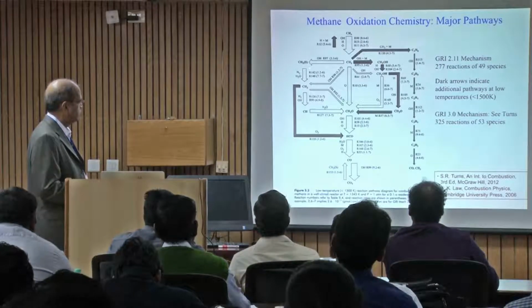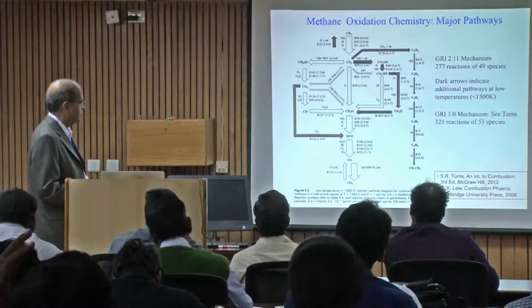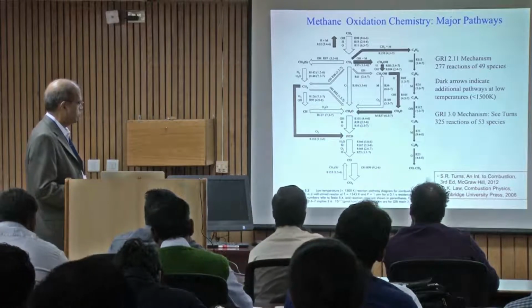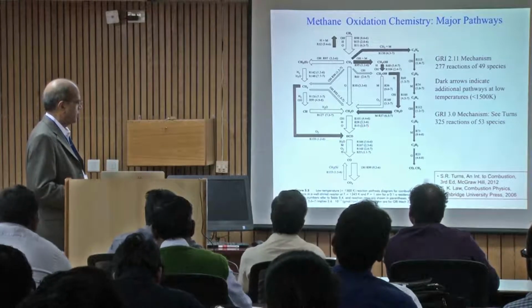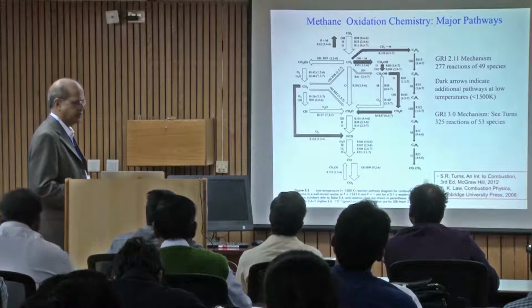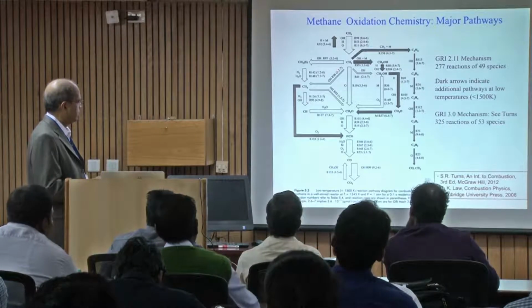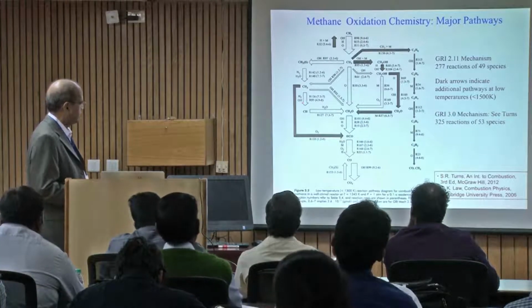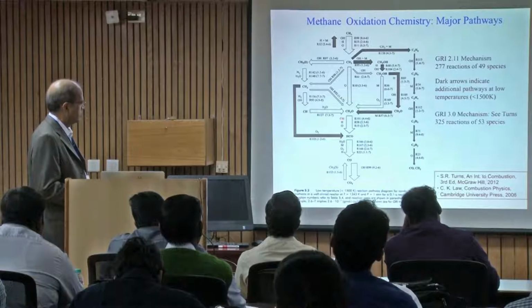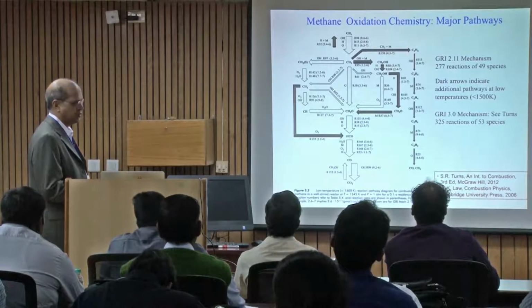The main path is CH2O, CHO, then CO. Then CO to CO2, which is pretty straightforward. The other path goes to CH2 and then CHO. The third path is CH3 giving you C2H6.